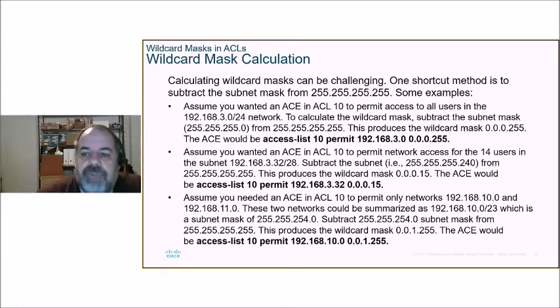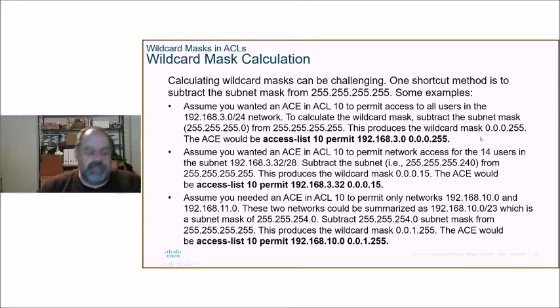This produces a wildcard mask of 0.0.0.255. Now, of course, that's a wonderful mathematical process to do that, but basically, my personal thing is you just invert it. And so any bit that's 1 in the subnet mask would be 0 in the wildcard mask, and anything that's 0 in the subnet mask would be 1 in the wildcard mask.